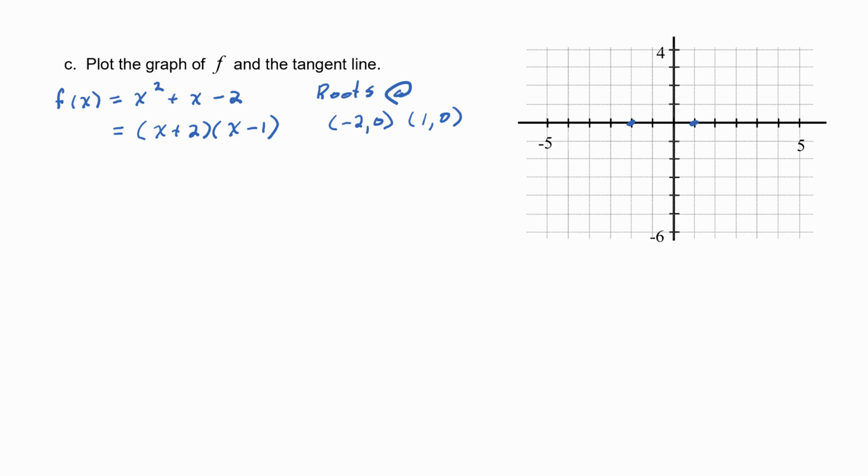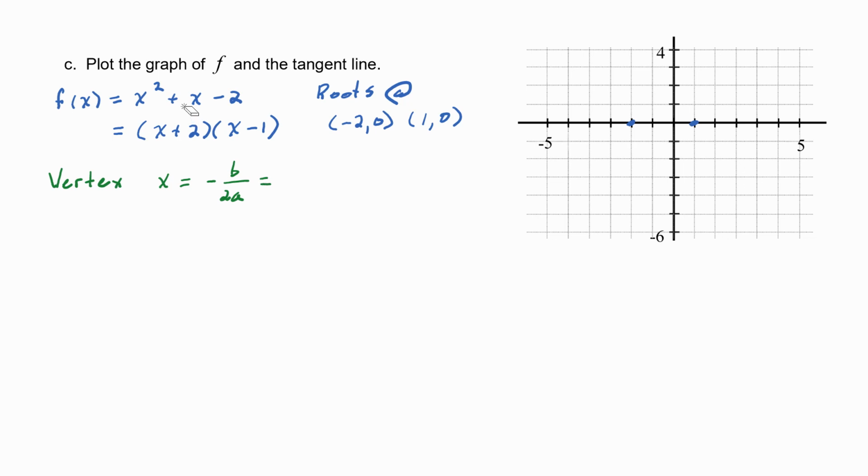Now all we need to plot the rest of the parabola would be to know where the vertex is. And we know that the x-coordinate of the vertex can come from -b over 2a.